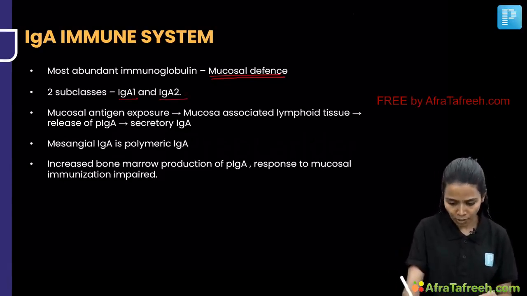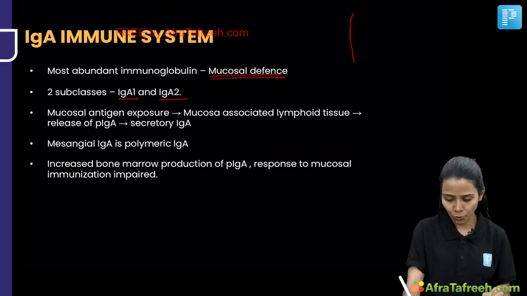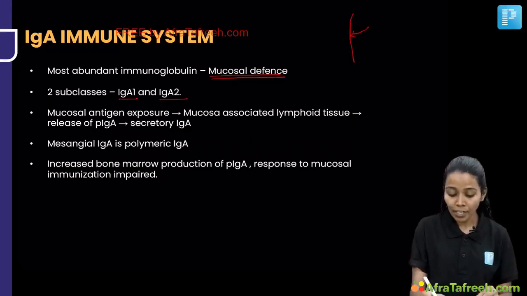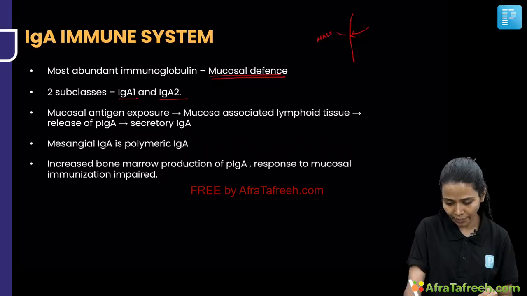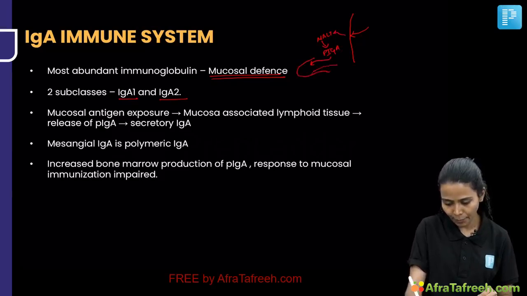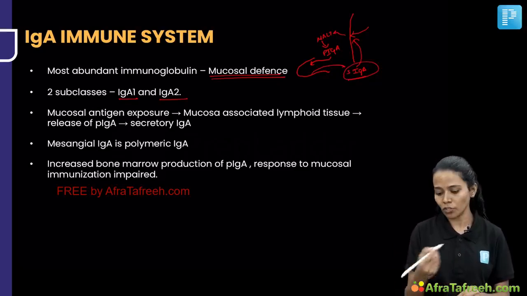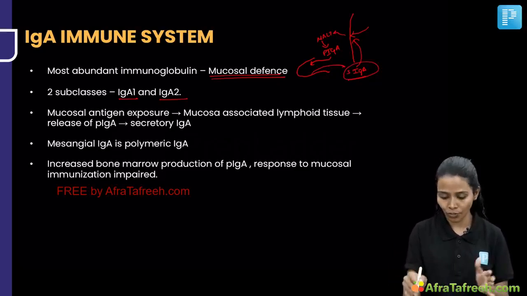Once the mucosa, for example, imagine it is gut tissue, gets exposed to some bacteria or some virus, the mucosa associated lymphoid tissues which get activated release something called as polymeric IgA. This polymeric IgA goes into the secretory glands and becomes secreted as secretory IgA, which further wards off this infection. Okay, so this is how generally it happens.